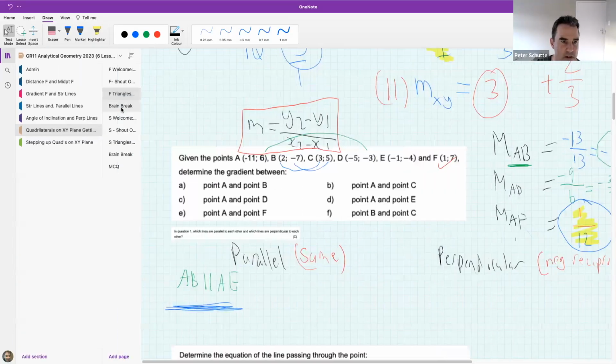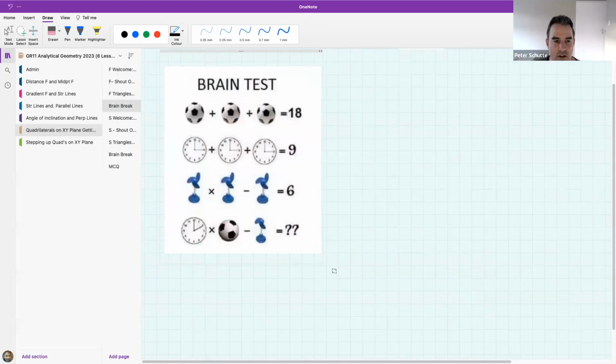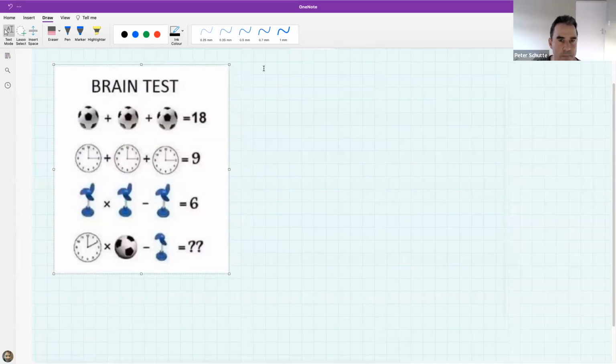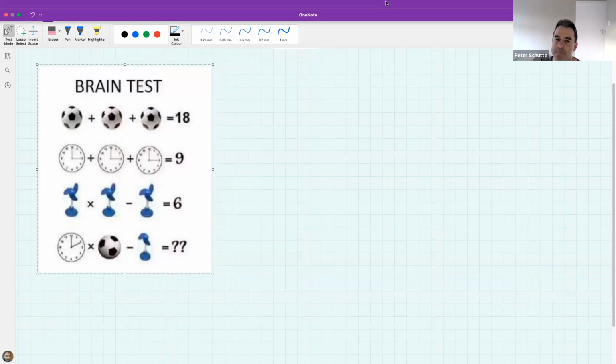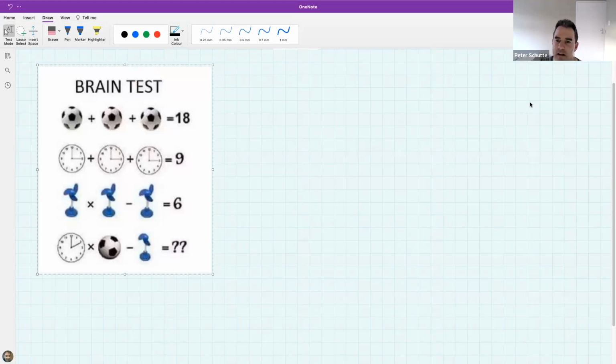And let's have a little bit of a puzzle. Here I would like to know, what is a clock times a soccer ball minus a fan or whatever that is there? Who thinks they know the answer to this? Ndumiso, or how did you, let's see.